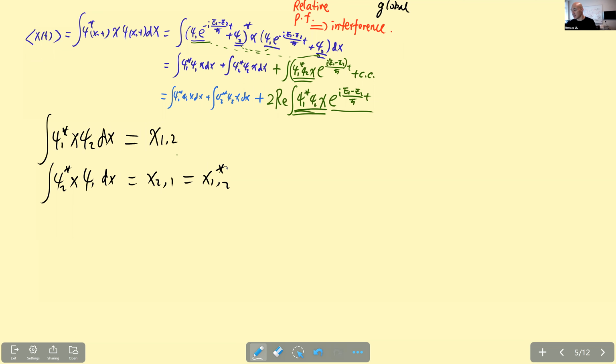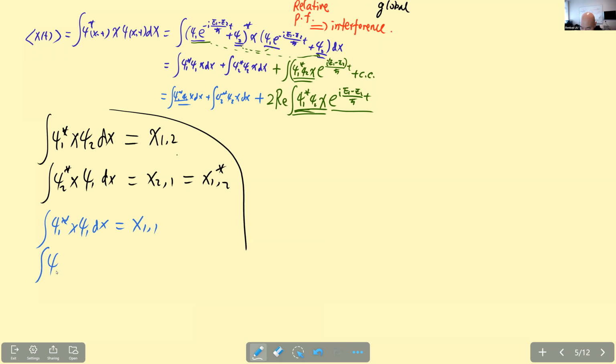With this, you can also have psi 1 complex conjugate x psi 1 dx. You can define this as x11. Of course, in general you can define psi m complex conjugate x psi m dx as xmm.